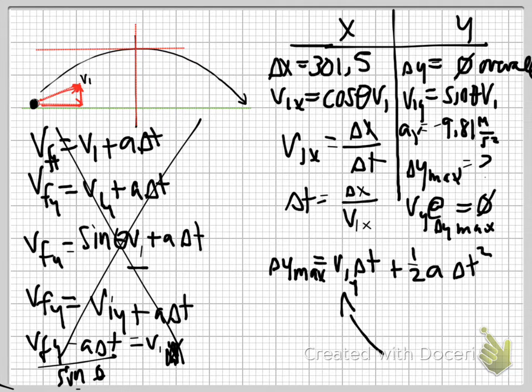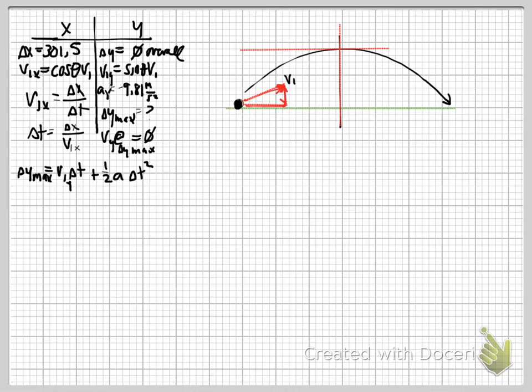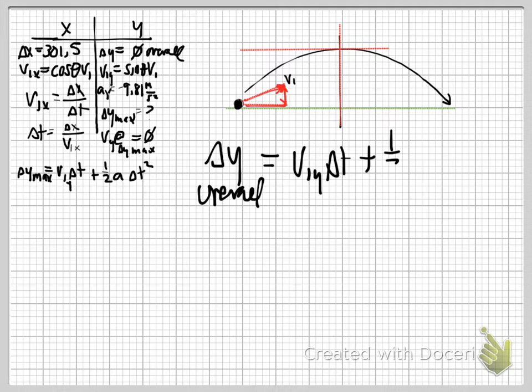Okay, so what I did was I created the following expression. I looked at delta y overall is equal to viy delta t plus 1/2 a delta t squared. True.